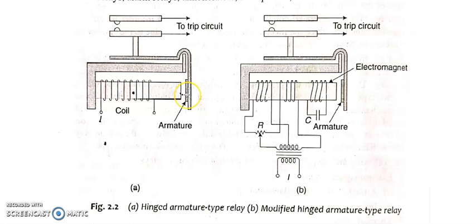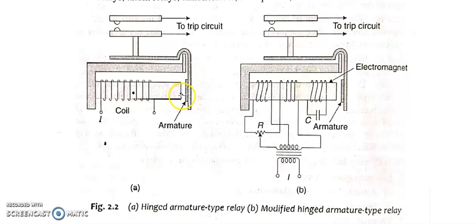So the armature tries to move from right to left due to the force of attraction. During this, the force of attraction increases as it moves because the distance gets reduced. Finally, after some duration, the armature gets attracted and attaches to the electromagnet.